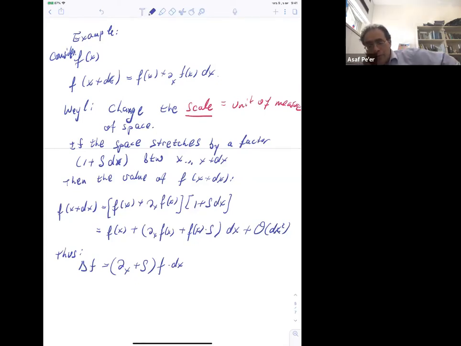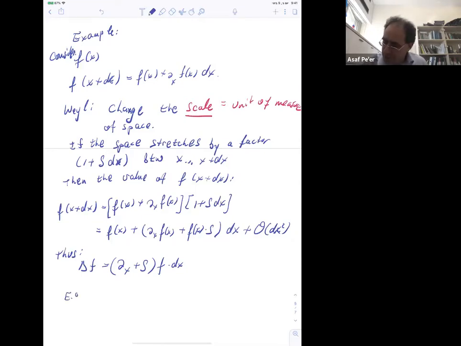What Weyl did was to modify the differential operator: rather than use the simple differential dx, he used dx plus s as a new differential. This new addition is to be identified, for example, as the 4-vector potential A mu in electromagnetism, which is identified with this change S mu.